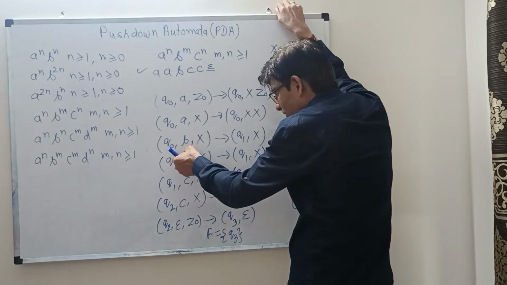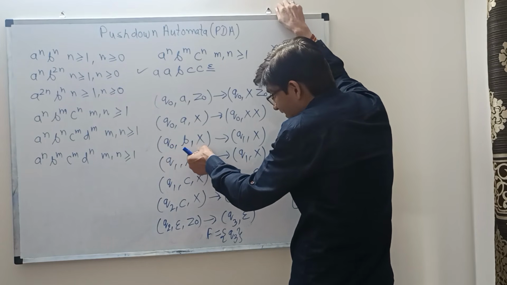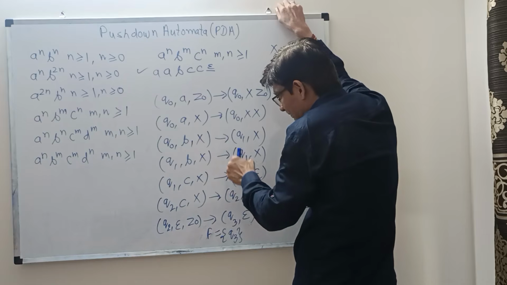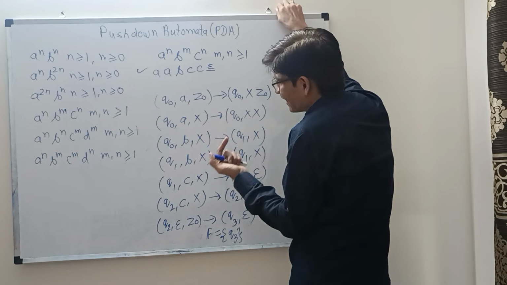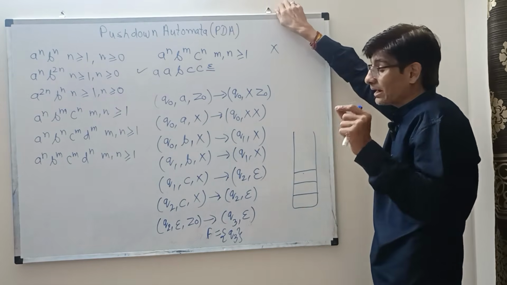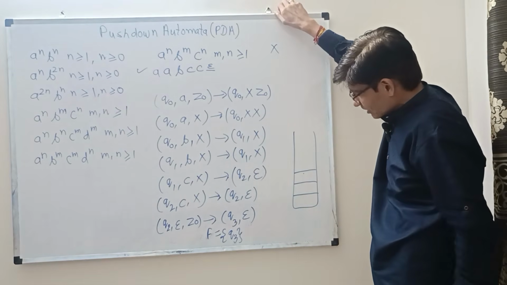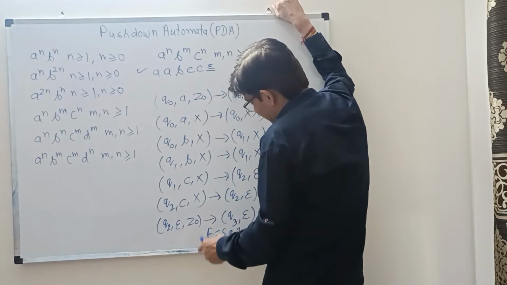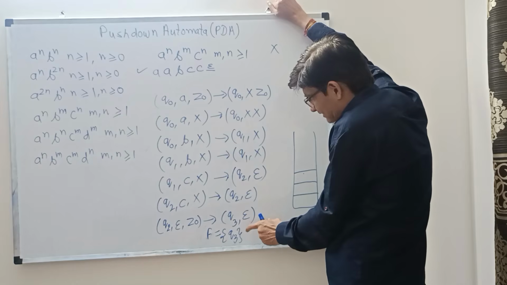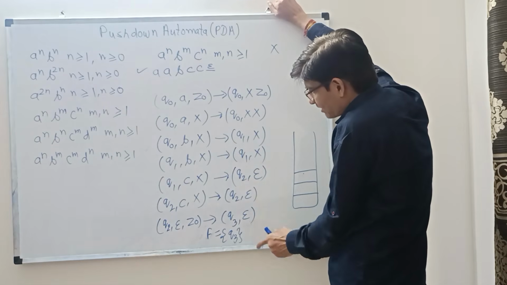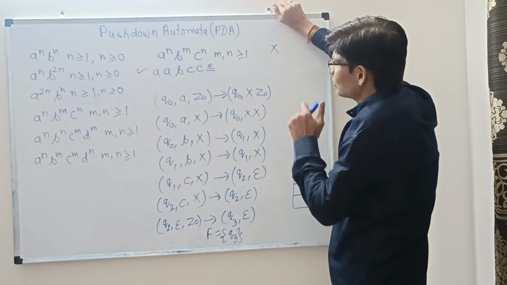On Q0 you will read C and the stack top would be X, and at that particular combination you can pop one element from the stack as you are reading C. I will not add that transition rule here. You can practice it yourself.